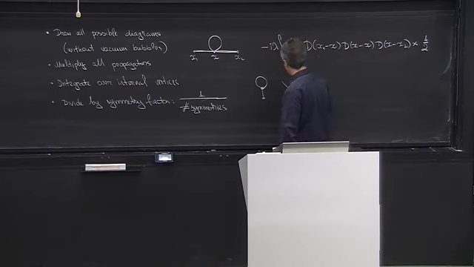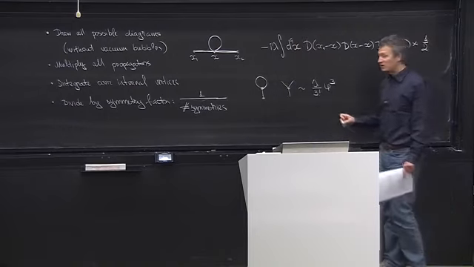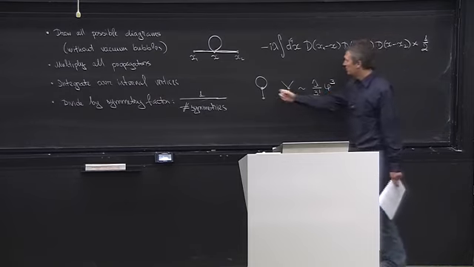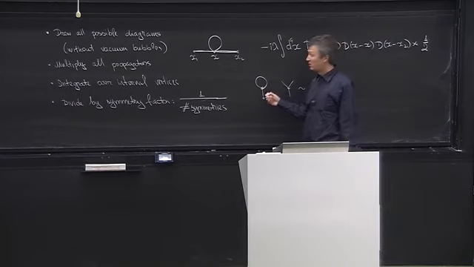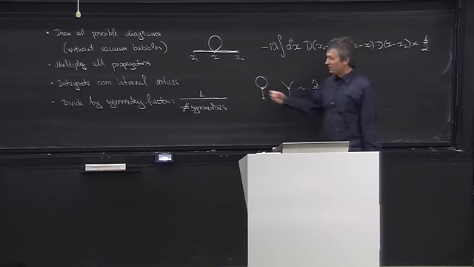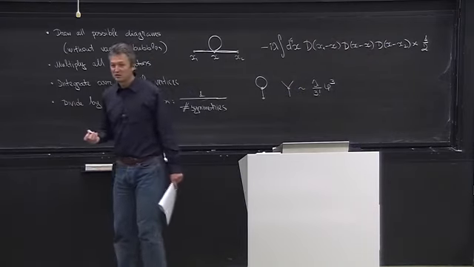This vertex would correspond to an interaction of the form lambda divided by 3 factorial times phi cubed. So in a theory where the interaction Lagrangian contains cubic interactions, we would have had this diagram. But with the quartic vertex, we cannot draw it.